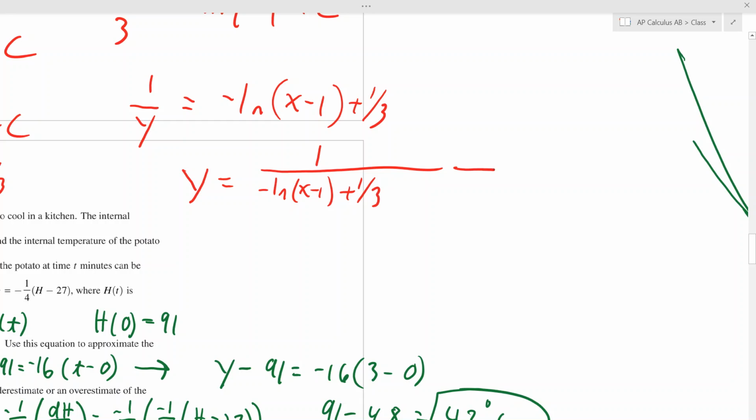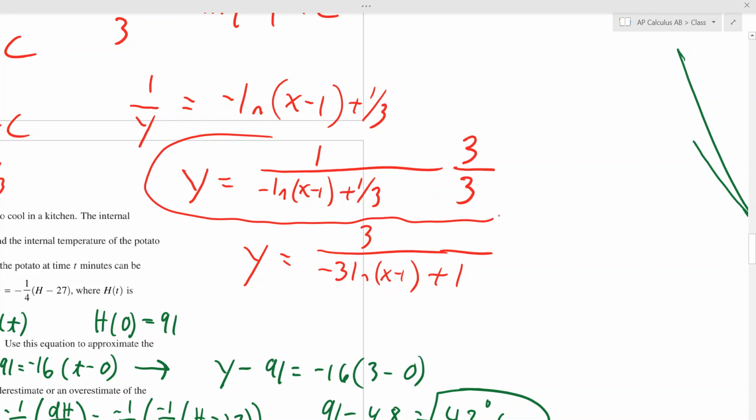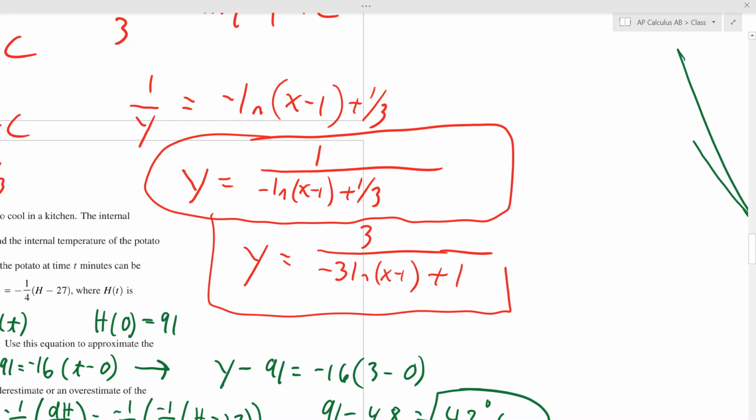Cool, great. And what you'll see in an answer key, because you don't want that 1/3 there, just like we canceled out all the complex fractions at the beginning of the year, multiply by a 3. So then we get 3 over negative 3 ln of x minus 1 plus 1 is what that will become. But either one of these is an okay answer. You don't need to do that.